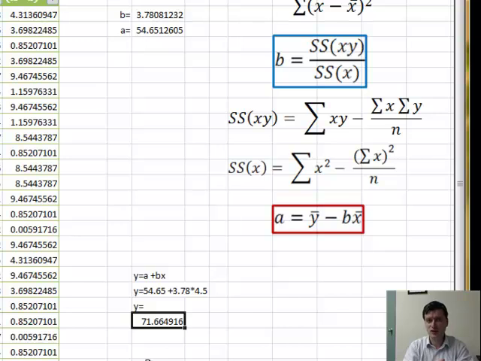I think you should study 8 or more. So this is how the calculation of the regression formula, the slope, intercept, and the whole regression equation would be done in Excel. Hope you get a really better grade than 71 points. See you next time.